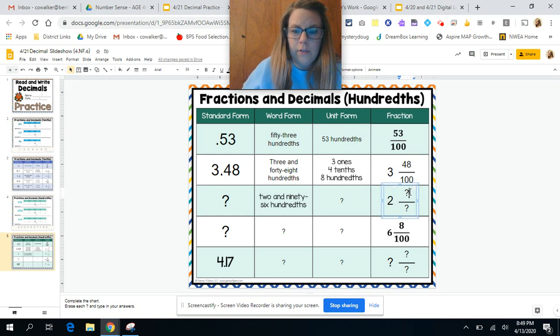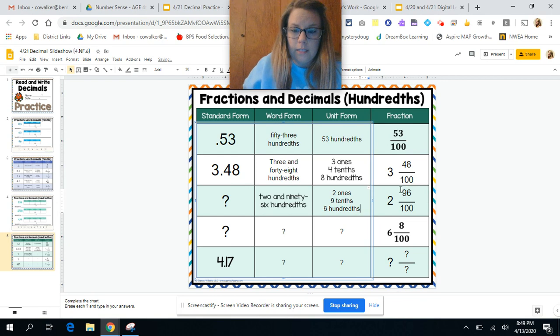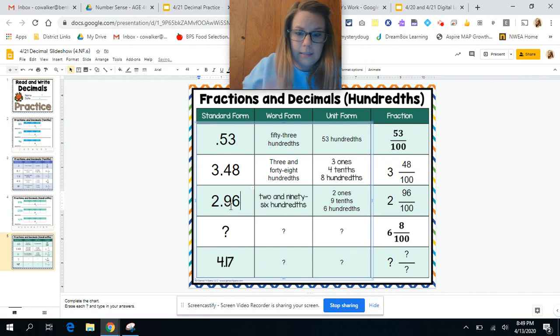So that means I know that I have 96 out of 100. So my unit form would be 2 ones, because that's what I have here in the ones place, and then 9 tenths and 6 hundredths, because that's what 96 makes. And then your standard form would be 2 wholes and 96 hundredths.